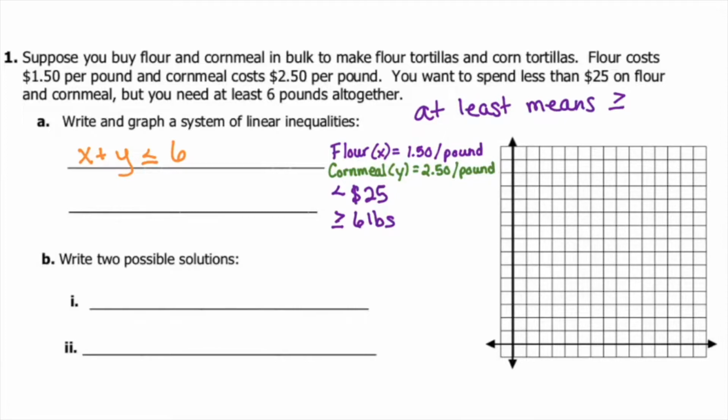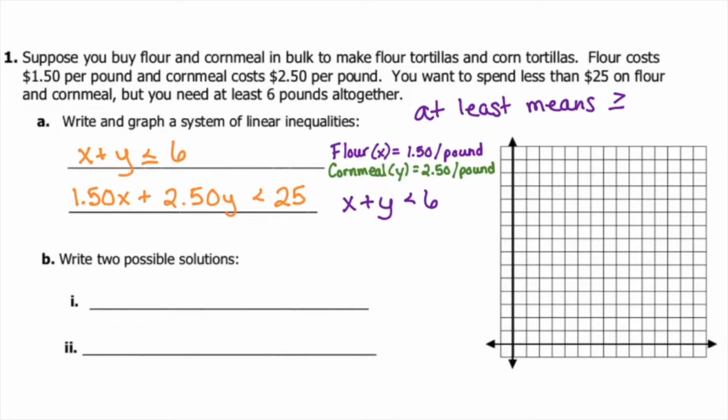So pounds, pounds, and pounds go together. So that means the money needs to go in the other equation. So $1.50 X plus $2.50 Y is going to be less than your $25. And then we have your first equation.